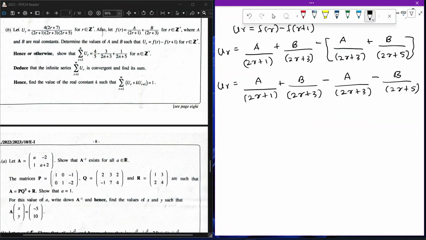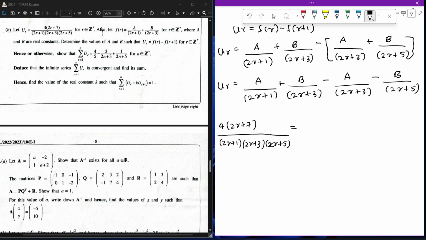The u_r expression is 4(2r plus 7) divided by (2r plus 1)(2r plus 3)(2r plus 5).